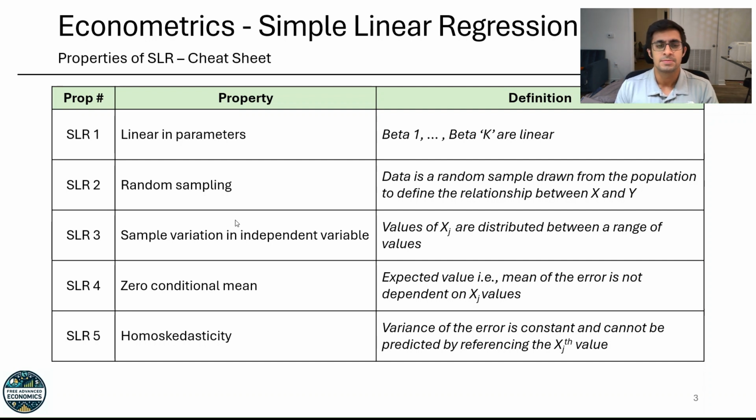Number 2, random sampling. Now, this is not a property that will always be followed, but in general, it's important to understand the gist of it. When we look at a large population of data, and we have to define the relationship between, let's say, wage and age, as mentioned previously, we look at the entire population, pick some random sample, and then we define the relationship. This is important because we want to create a pure relationship based on factors that are independent of nature.